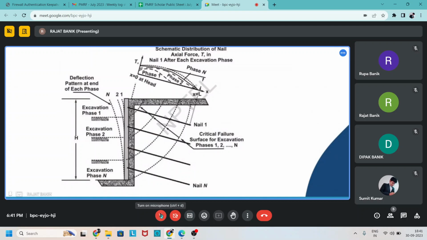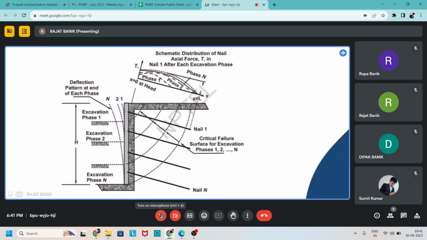The wall is deformed as one, two, and like that. There is also a chart given based on the axial force versus the distance from the wall.